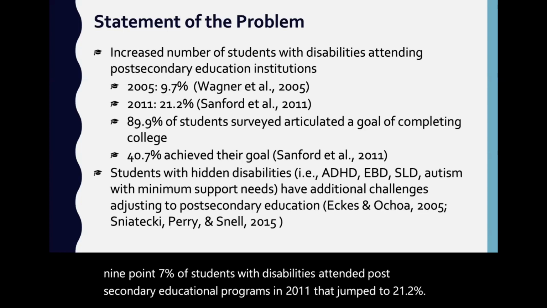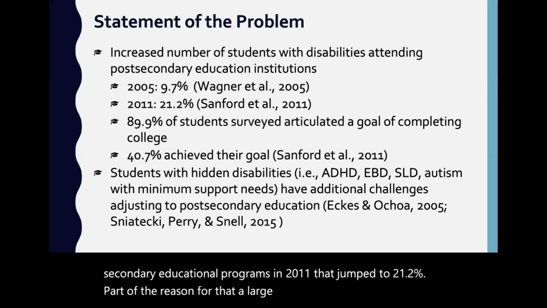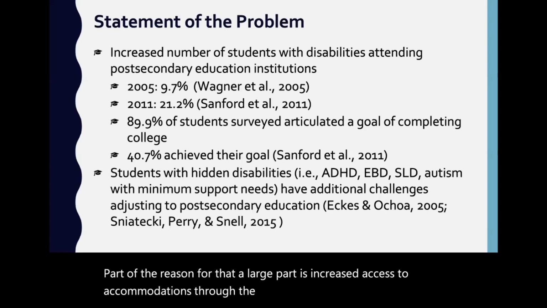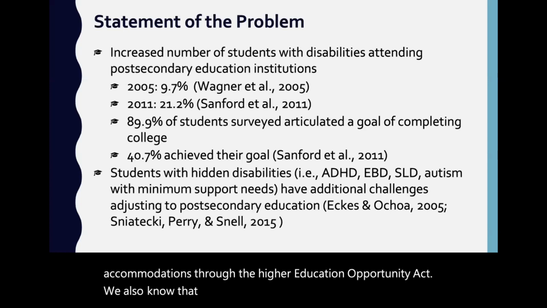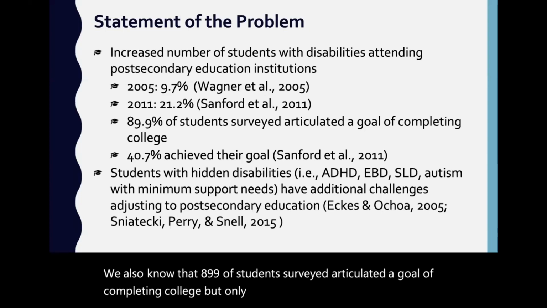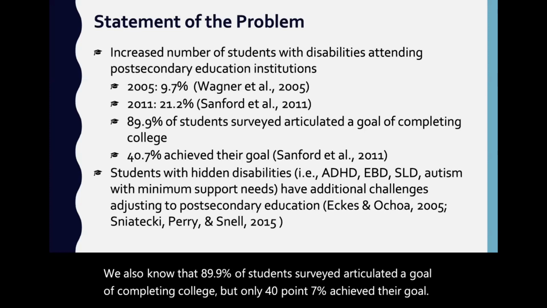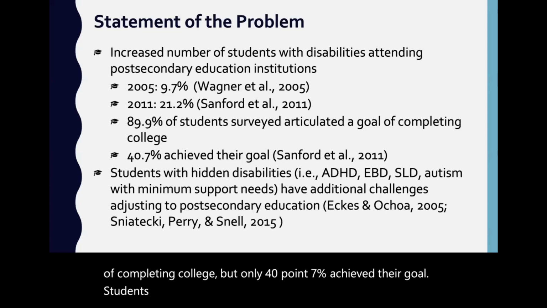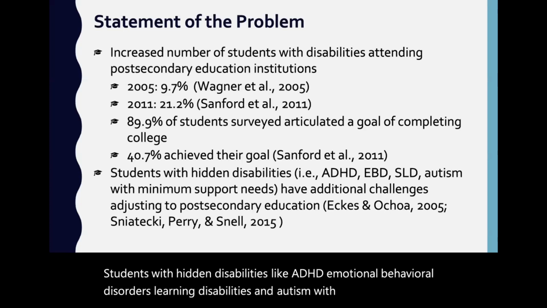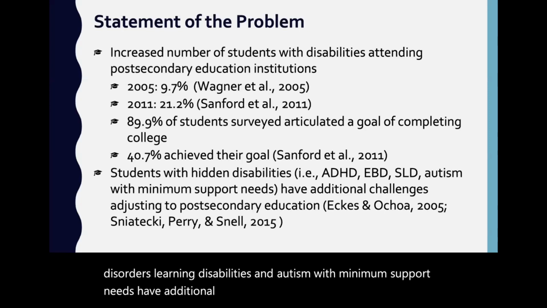Part of the reason for that, a large part, is increased access to accommodations through the Higher Education Opportunity Act. We also know, though, that 89.9% of students surveyed articulated a goal of completing college, but only 40.7% achieved their goal. Students with hidden disabilities like ADHD, emotional behavioral disorders, learning disabilities, and autism with minimum support needs have additional challenges adjusting to post-secondary education.